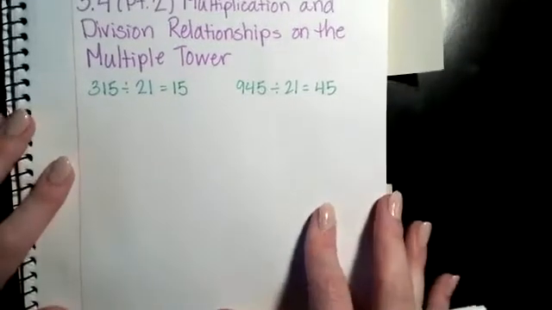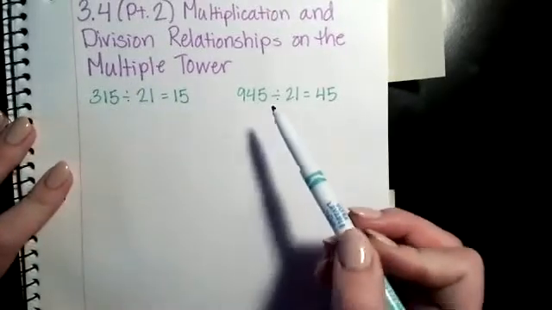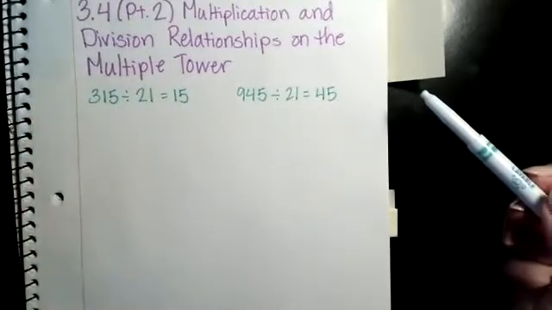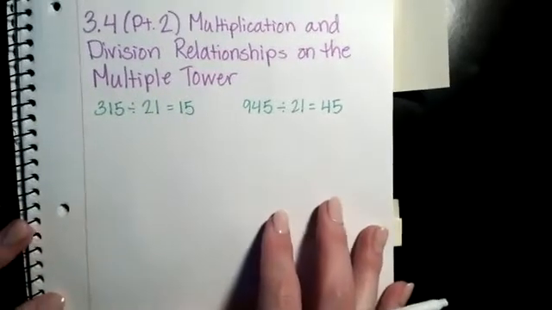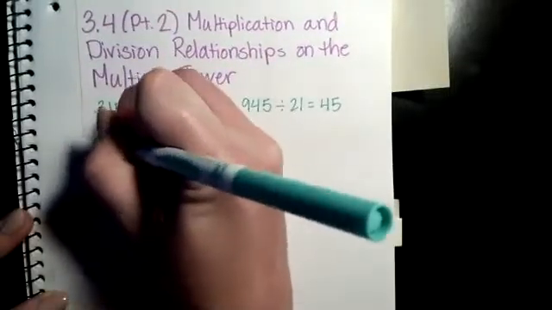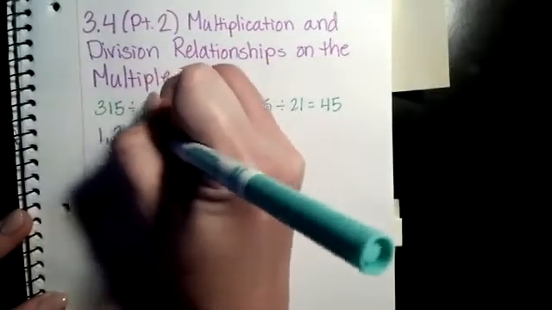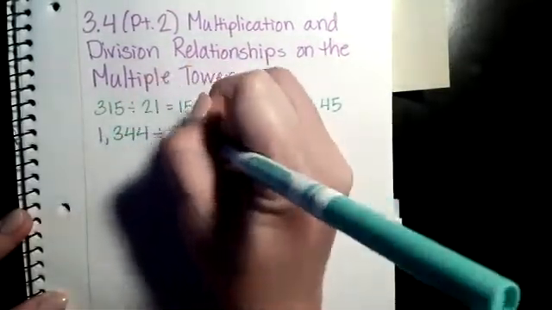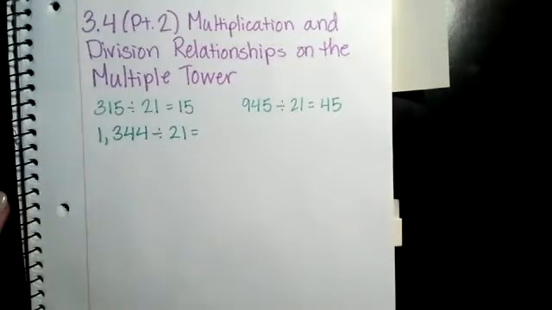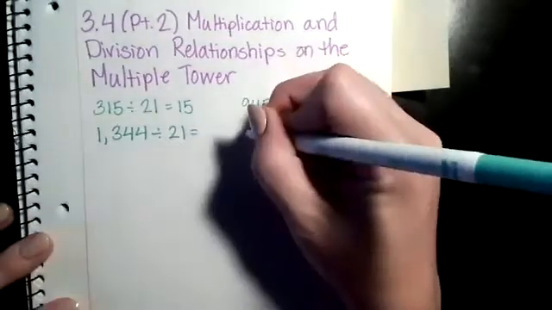All right, so now I already know these two because they're already on our multiple tower. But what if I have a problem like this? 1,344 divided by 21, or I could write it like this.